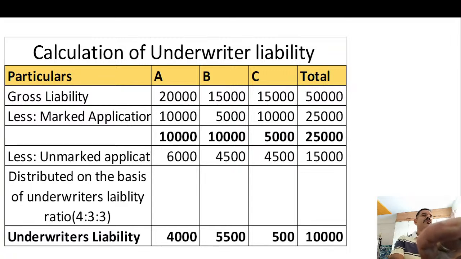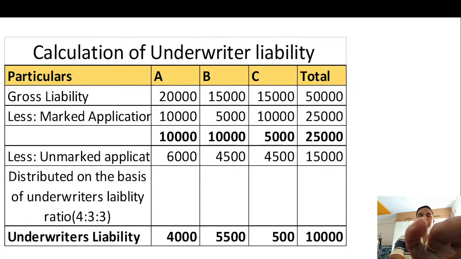So it is a very easy question, and within 5 minutes you can solve this type of question. The first step is to see how much gross liability there is. Second step, you have to calculate the unmarked applications.